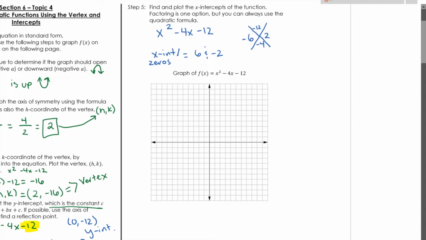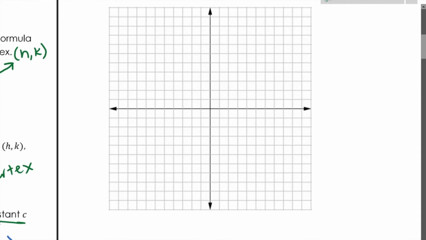Let's go up by ones on the x-axis. So we'll go 1, 2, 3, 4, 5, 6, 7, 8, 9, and 10. Let's go backwards: negative 1, negative 2, negative 3, negative 4, negative 5, negative 6, negative 7, negative 8, negative 9, and negative 10. On my y values, though, I'm going to go a little bit different.